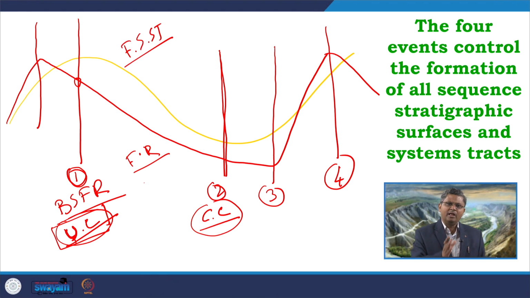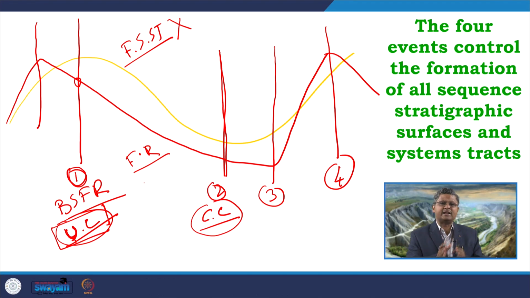So, when the unconformity is forming, that means extensive erosion is going on, then we will not get this FSST, particularly in the fluvial part, particularly in the marginal marine part. There, due to this erosion or sediment bypass, we will not get FSST.